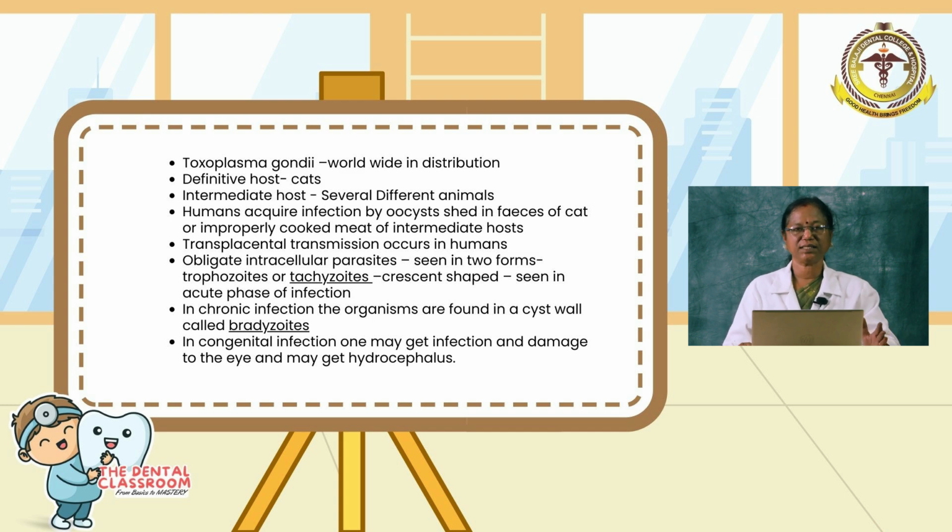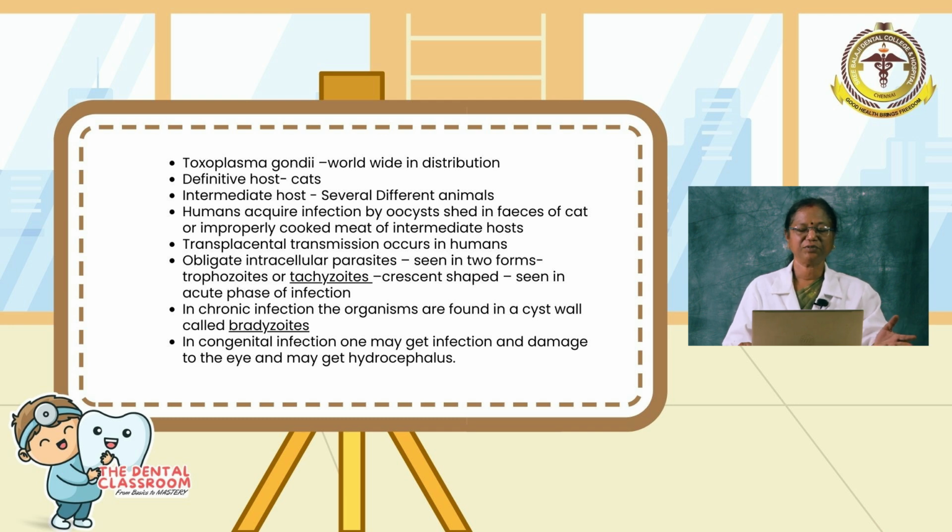So transplacental transmission is seen in humans, and they are obligate intracellular parasites. There are usually two forms, one is the trophozoite form, actually called tachyzoites, which are crescent shaped and observed in the acute phase of the infection. In chronic infection, you see the cyst, and these are referred to as bradyzoites.